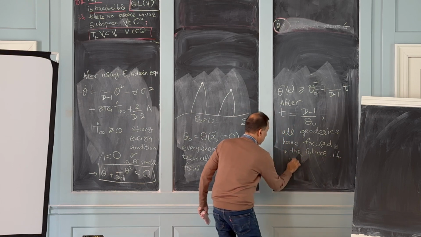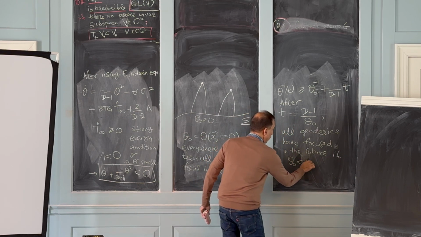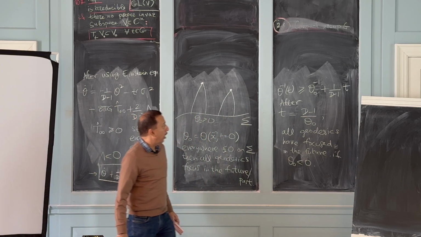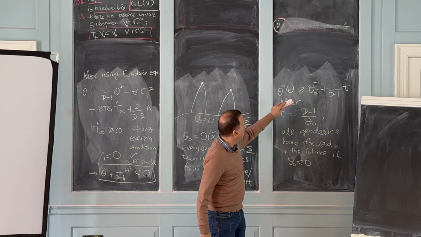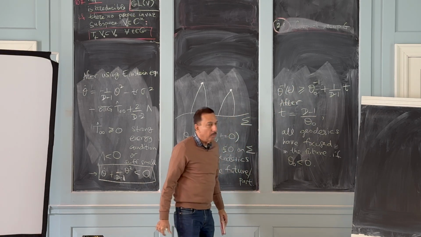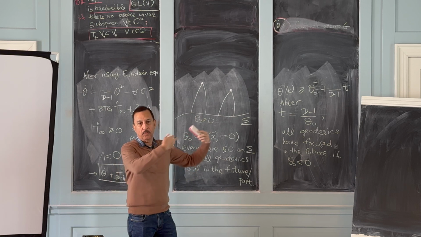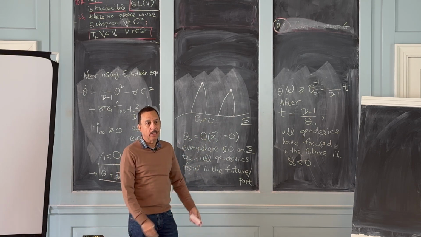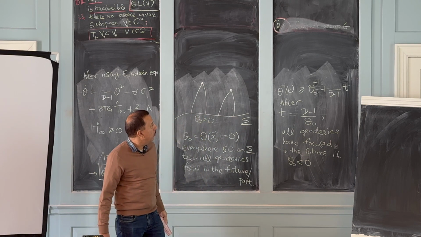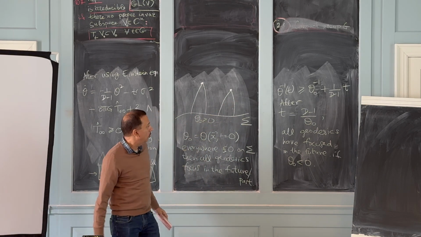Now, this is focusing in the future if theta 0 is negative. If you want theta 0 to be positive, you actually need to reverse the inequality. You need to do things a little differently. From the beginning, just take your time flowing towards the past. It gets very confusing if you start to manipulate this equation because the inequality seems to go the wrong way.